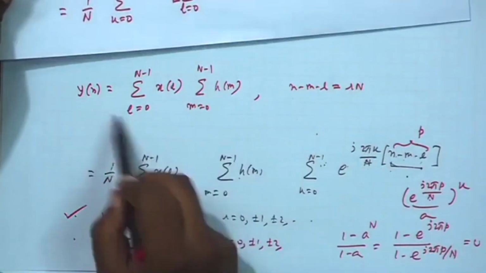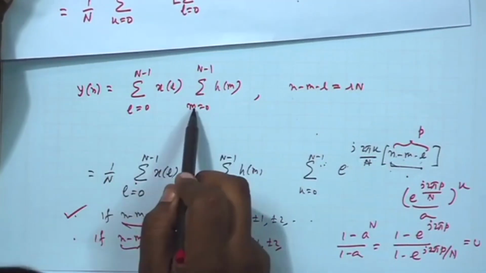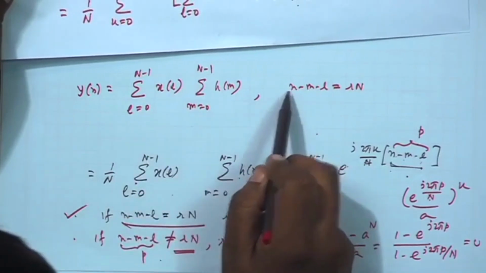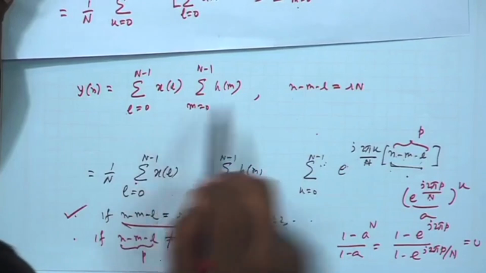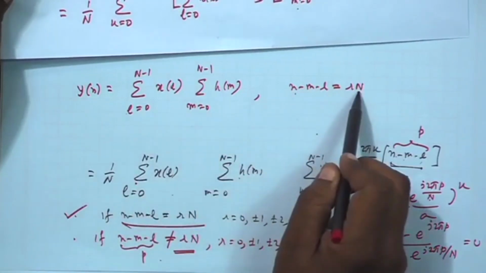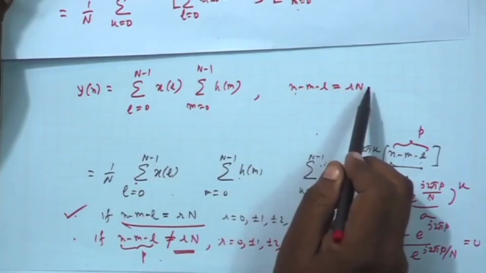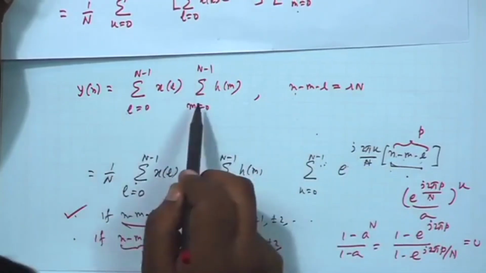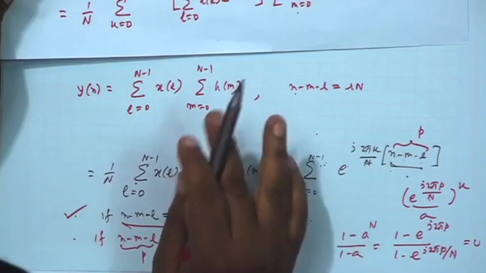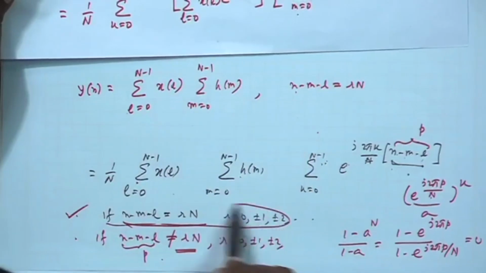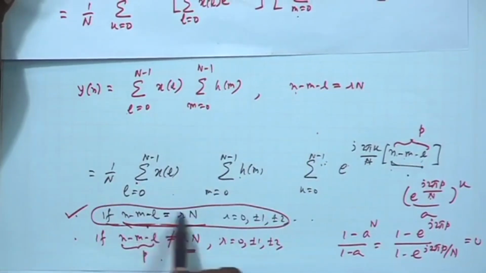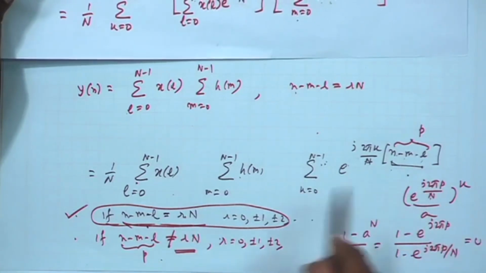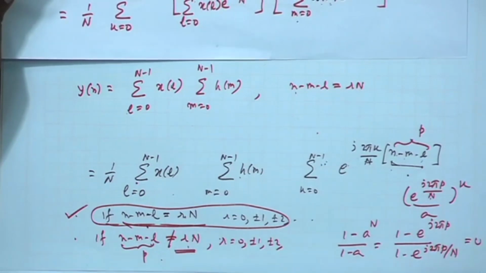In this summation you choose L and M accordingly, but for a given small n, only those L and M for which n minus M minus L is either 0 or capital N or 2n or minus n are allowed from these two summations. If it is not so, the summation was 0, we have found out, so that case is gone.